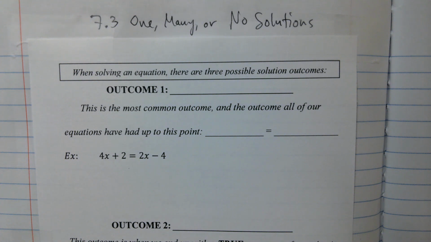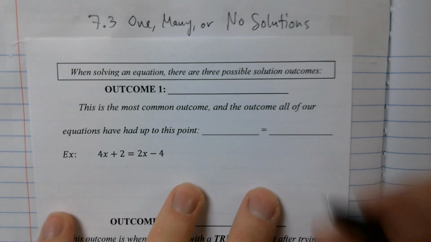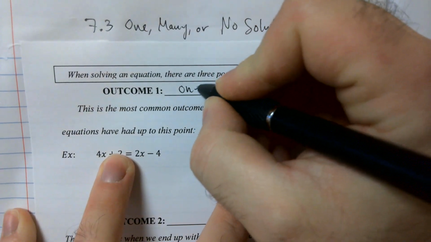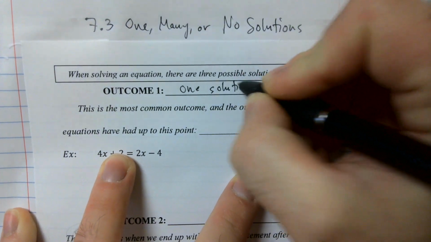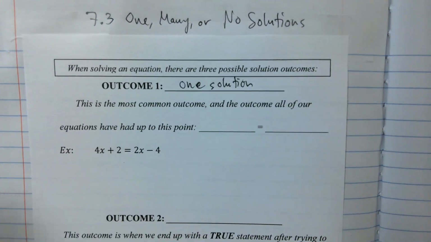All right? So all the equations that we've seen up to this point have only had one single solution. One number that when plugged in gives you this true statement. So the first outcome we could have is one solution. Now, this is the most common. Like I said, it's what we've seen this whole time.